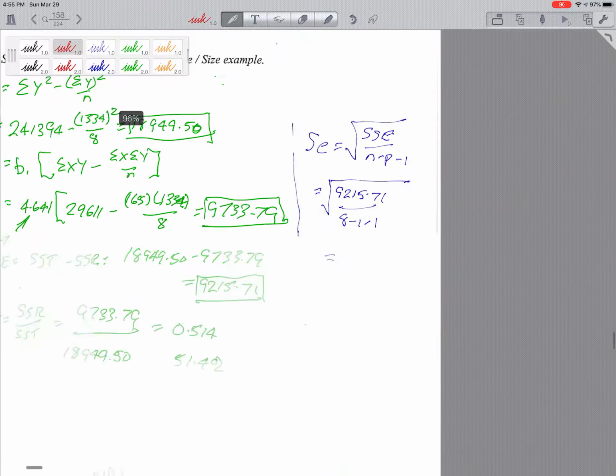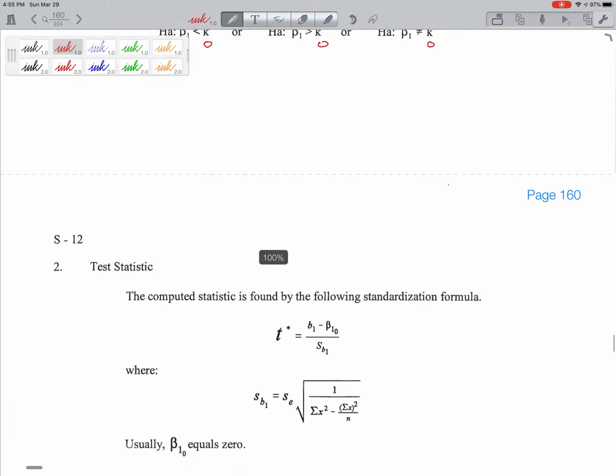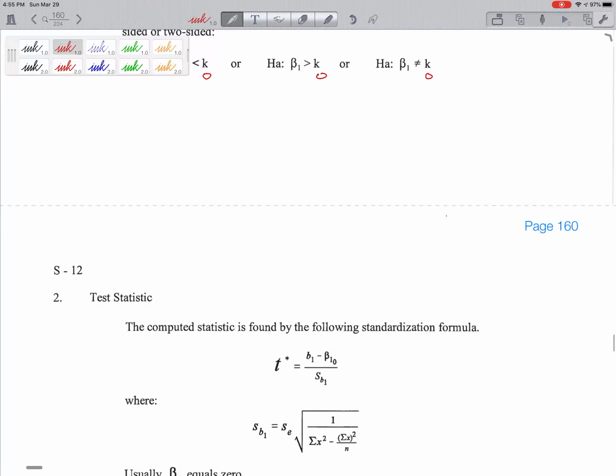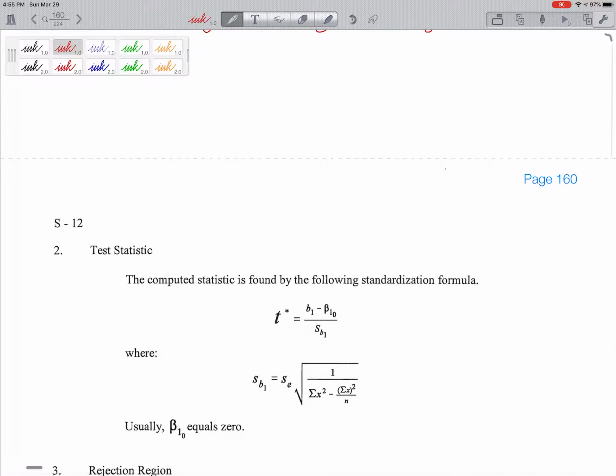So the test statistic then, remember step number 1 of a hypothesis test is always your H0 and your HA. Step number 2 is the test statistic, and it's just a simple t-star formula.